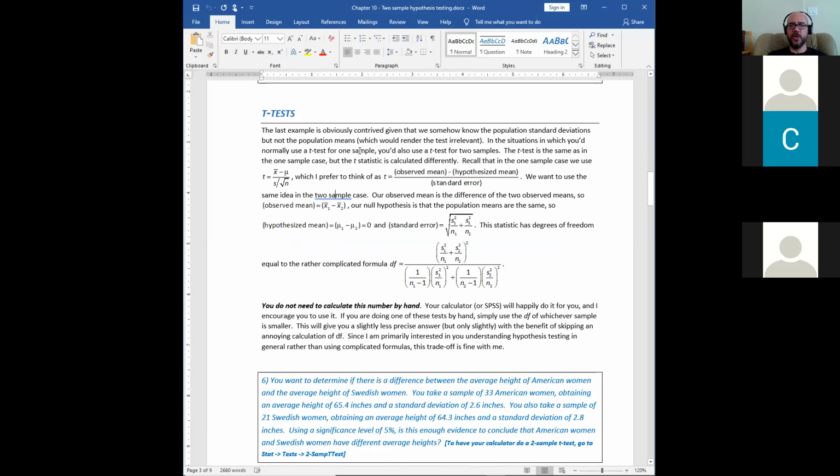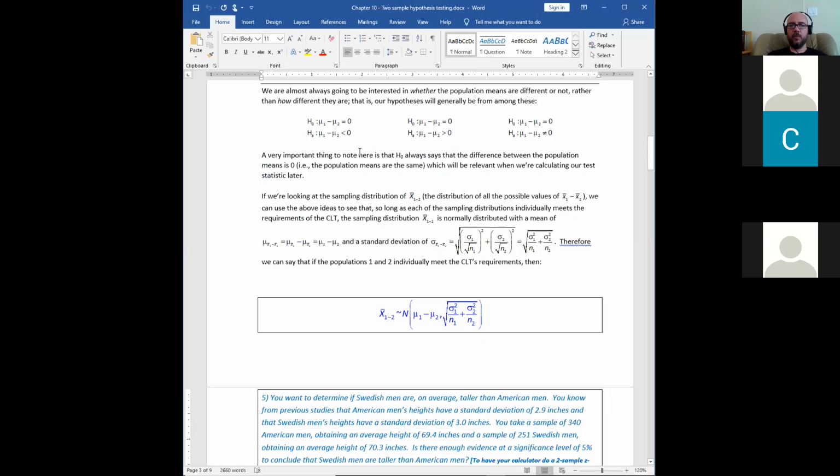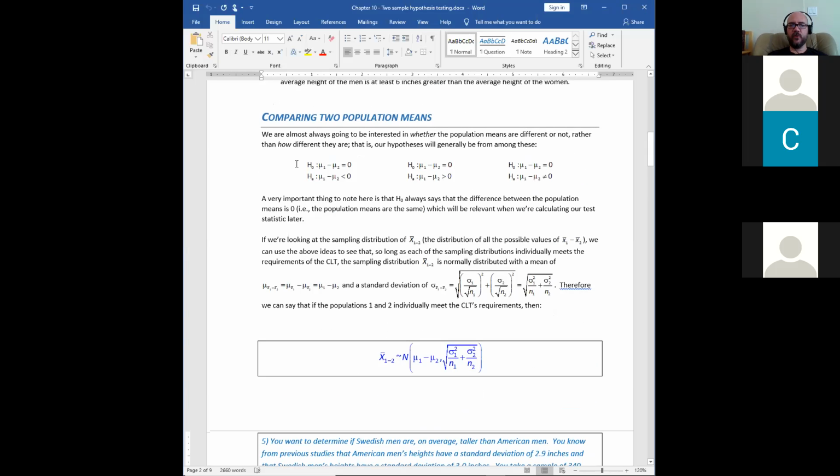So we want to do a 2-sample t-test to determine if means are equal. This was the one I was talking about at the end of ANOVA. Our hypotheses are one of these. All of our null hypotheses are going to be mu1 and mu2 are equal. And then the alternative is less than, greater than, or not equal to.